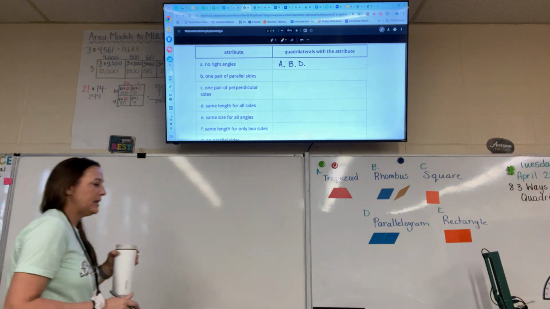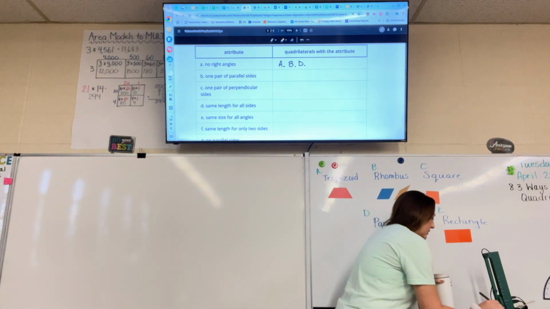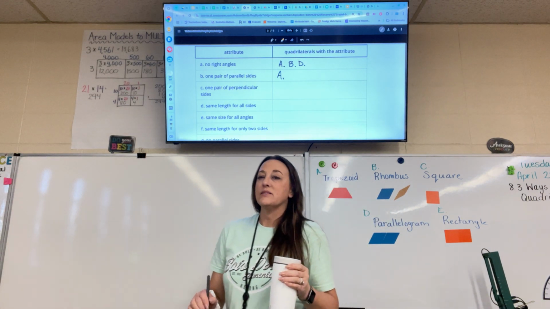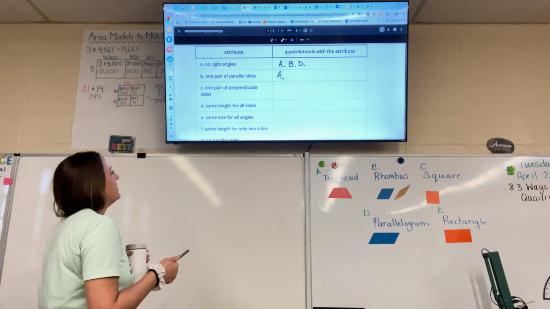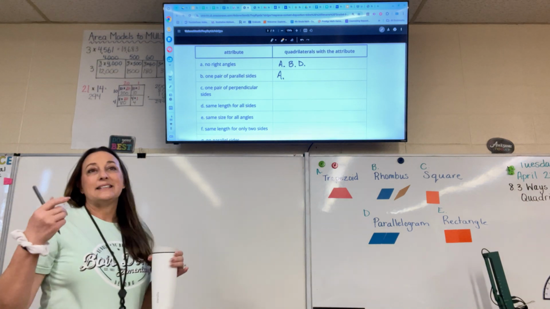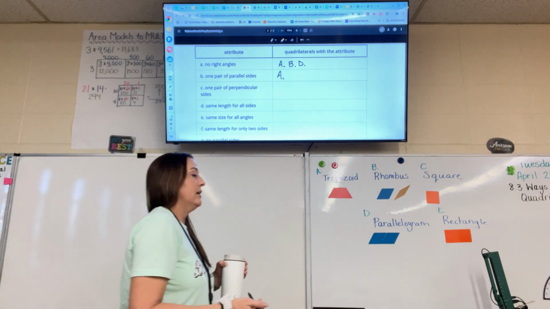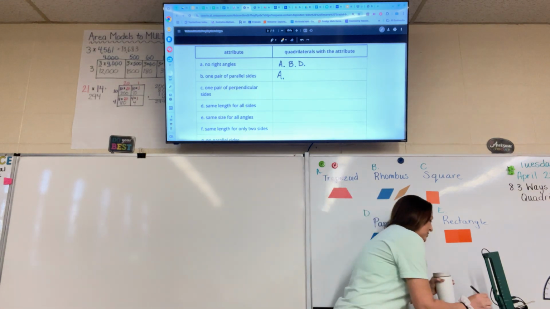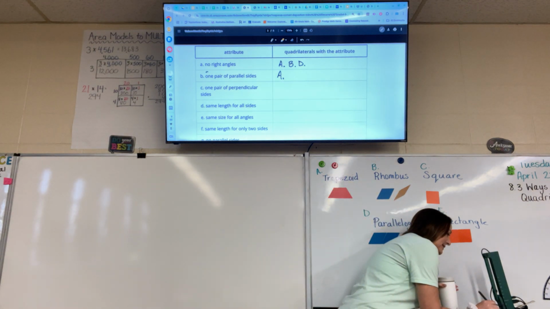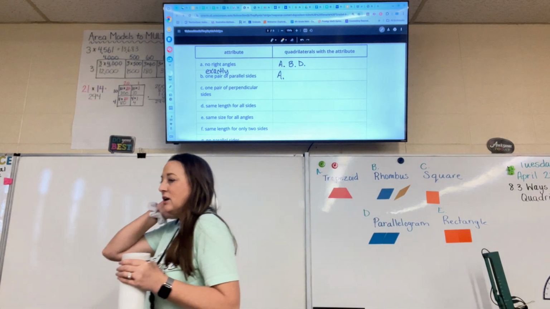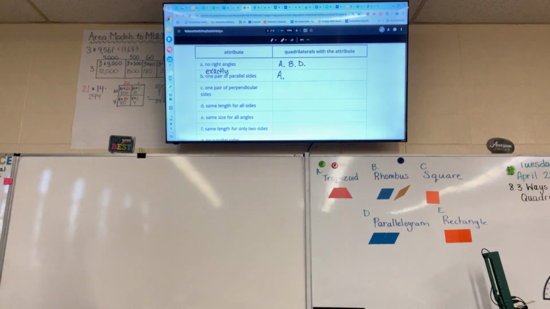Trapezoid is the only one that has only one pair of parallel sides. It's a little tricky because are they saying exactly one pair or at least one pair? So let's write exactly above that, so we know that the figure that has only one pair of parallel sides is a trapezoid.